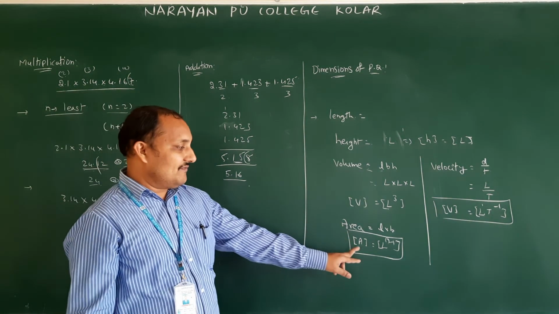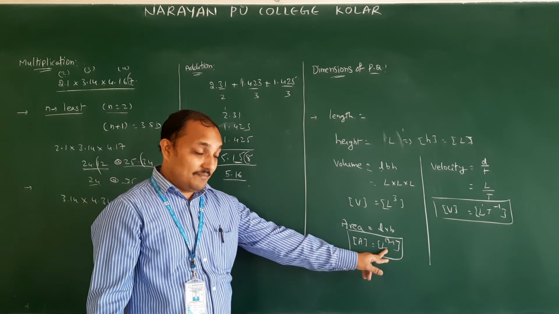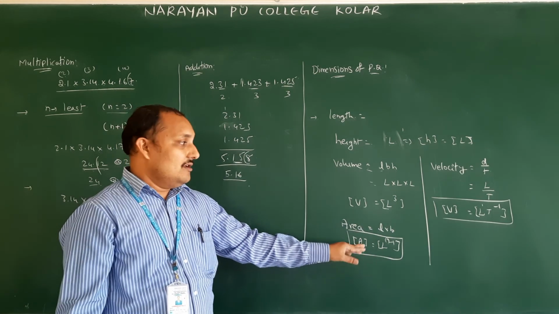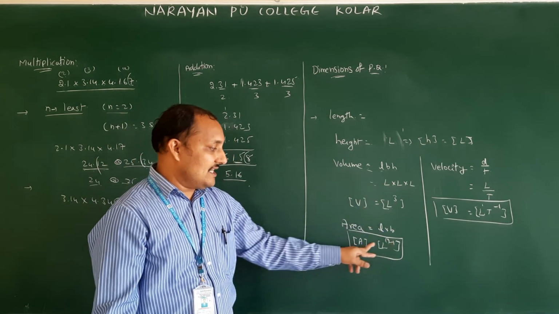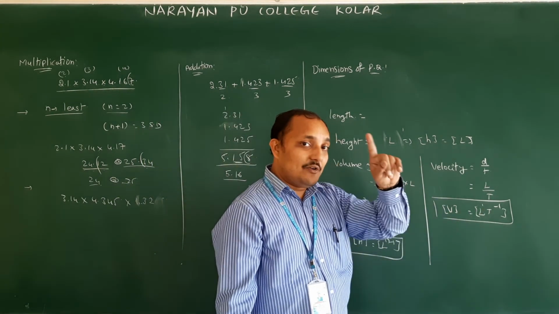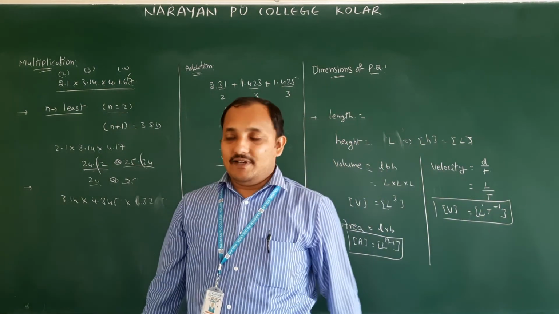By raising fundamental physical quantity power to 2, we are representing area. So all these are different dimensions. This 3 is dimension, this 2 is dimension for area. So for velocity, length is raised by 1, time is raised by minus 1. Then you will represent velocity.